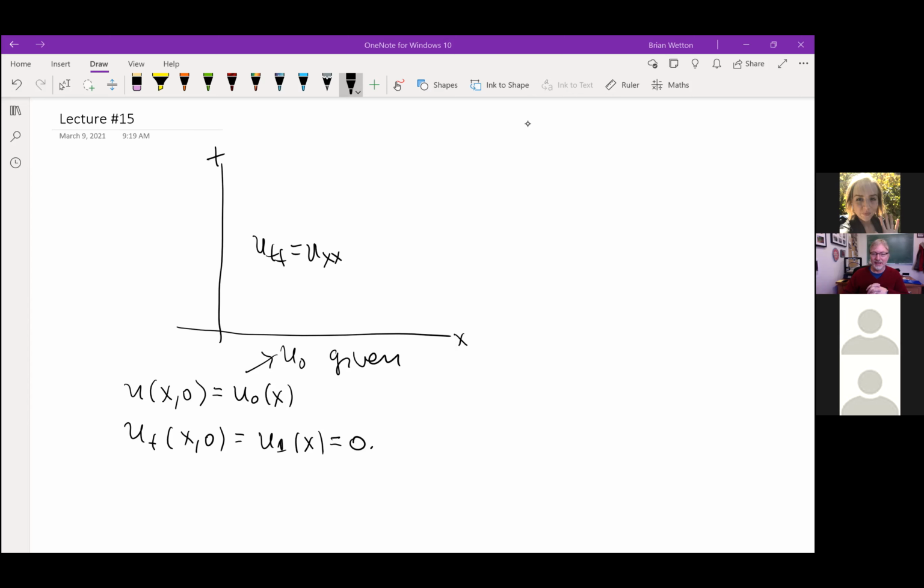There was a request last time that the midterm be released at 9 in the morning on the 17th to 9 the next morning. Do people want that?